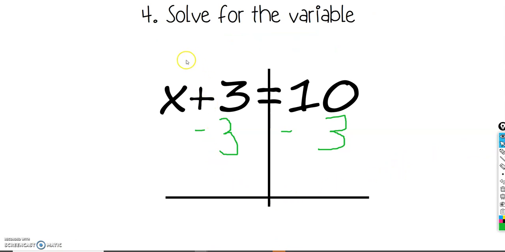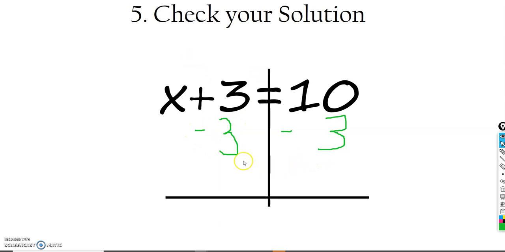So my next step, of course, is going to just be solve for the variable and check the solution. When I solve, if I do 3 minus 3, that equals 0. We've just isolated our x. X is all alone. So x equals 10 minus 3 is 7.